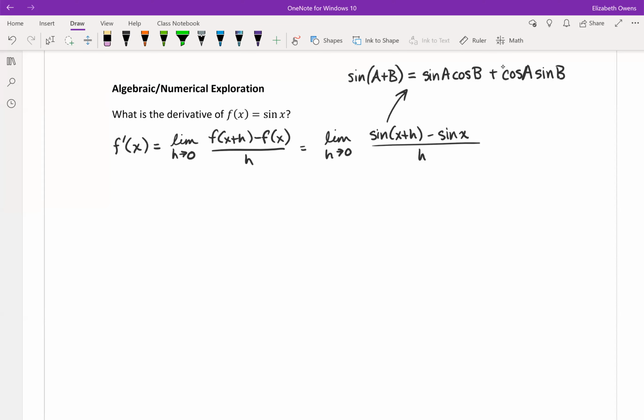All right, so for our expression here with our limit, the a is going to be the x and the b is going to be the h. Okay, so we have sine x cosine h plus cosine x sine h.